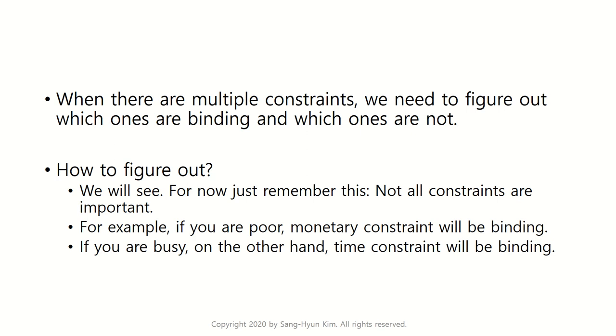So we have, let's say, monetary constraint, we have time constraint, we have probably many other constraints, and we have to figure out which one is important and which one is not.